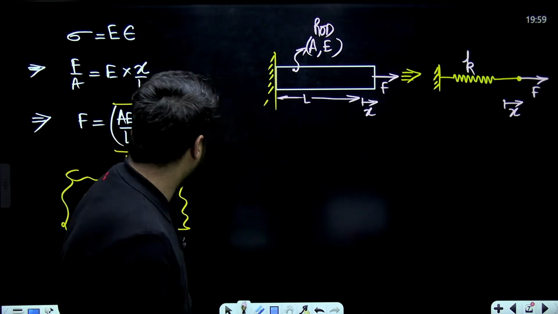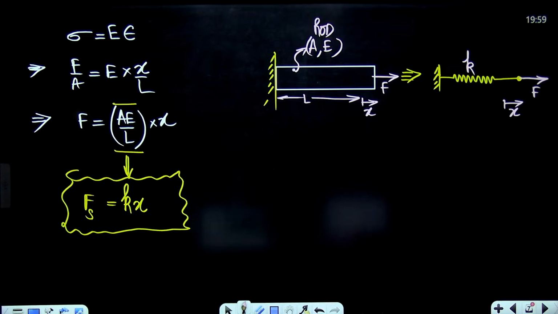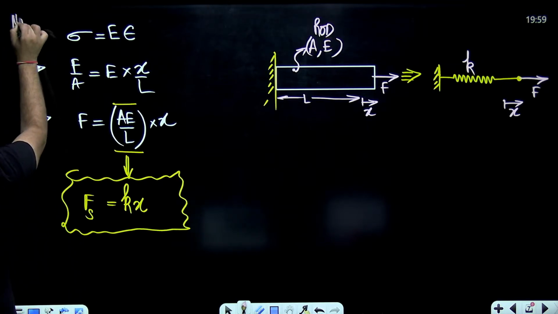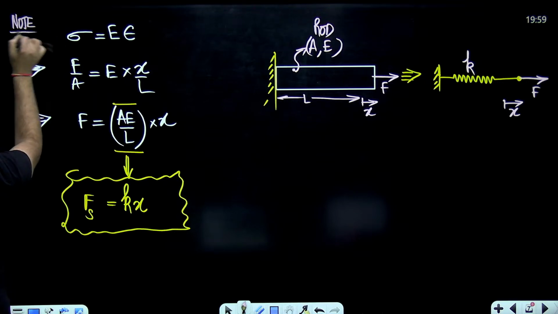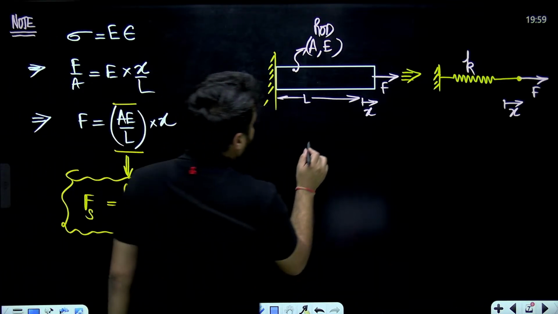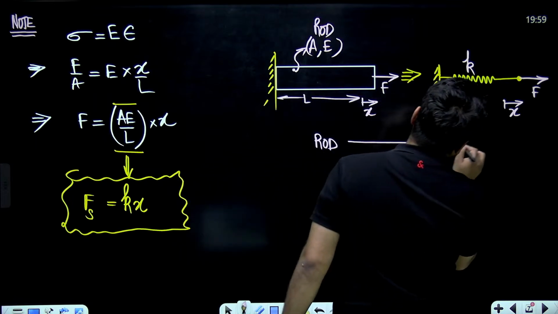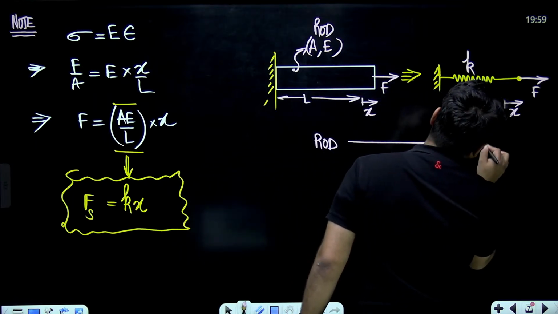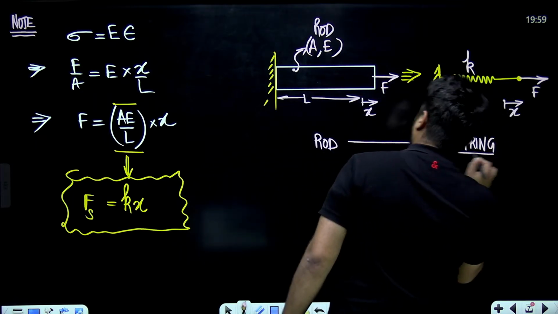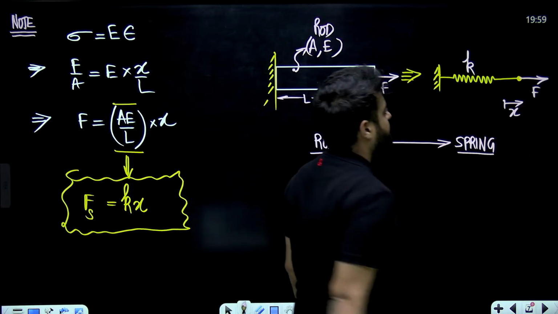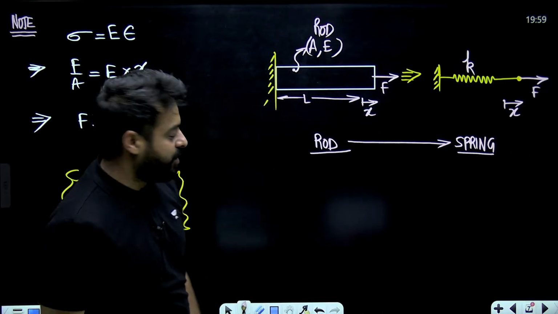Understood? So this is a kind of note for you, like how I can relate an actual rod concept to the spring concept. Obviously, if you want deformation, the spring force is equal to what?